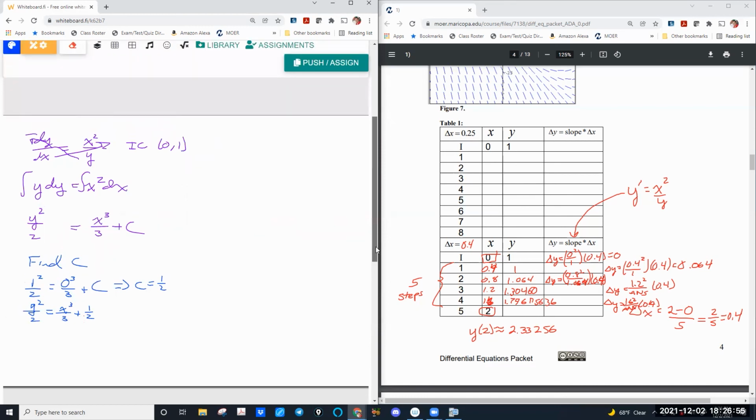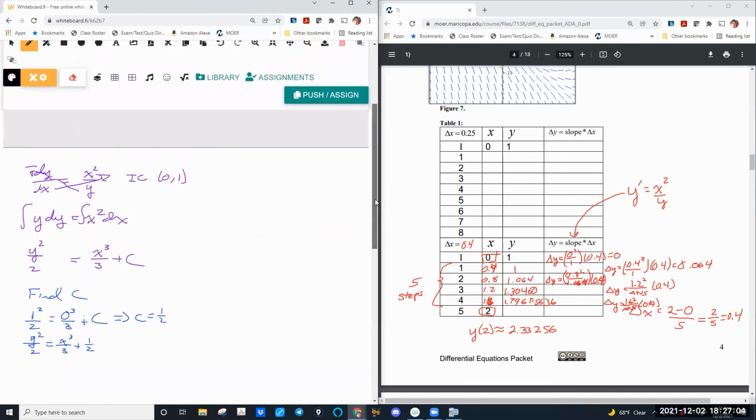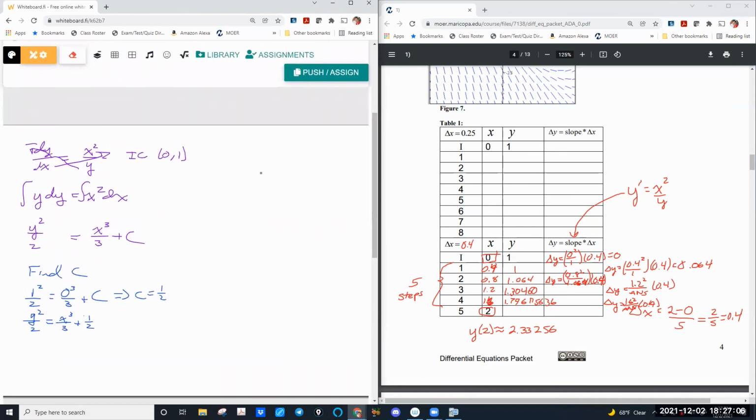All right. Next thing we do is we solve for y. It's true, you might run into differential equations that cannot be solved for y. But whenever we can, we do. And most of the ones we'll do in this class, if not all, can be solved for the output variable. So we have y squared over 2 equals x cubed over 3 plus 1/2.